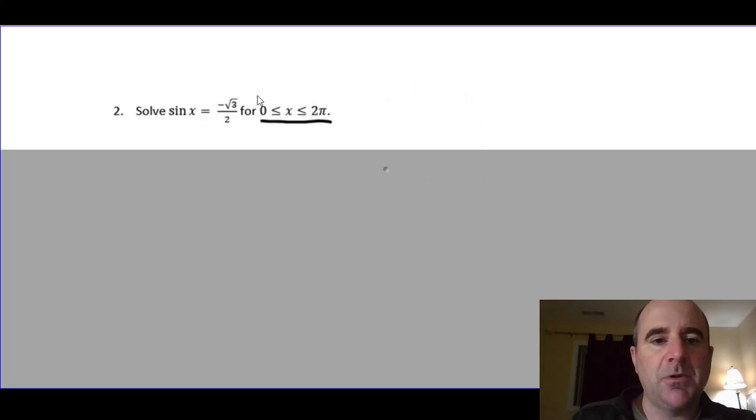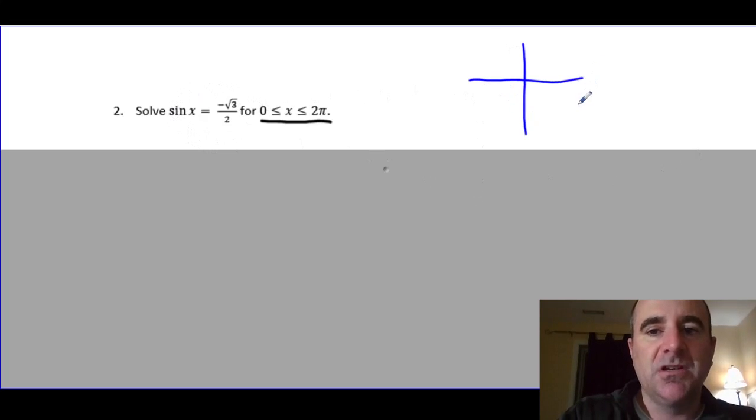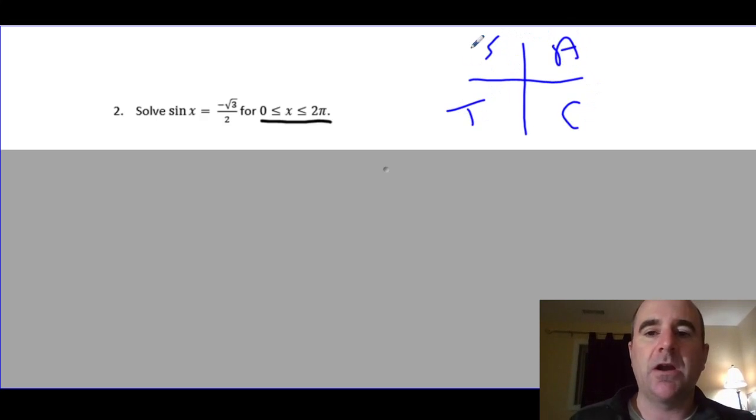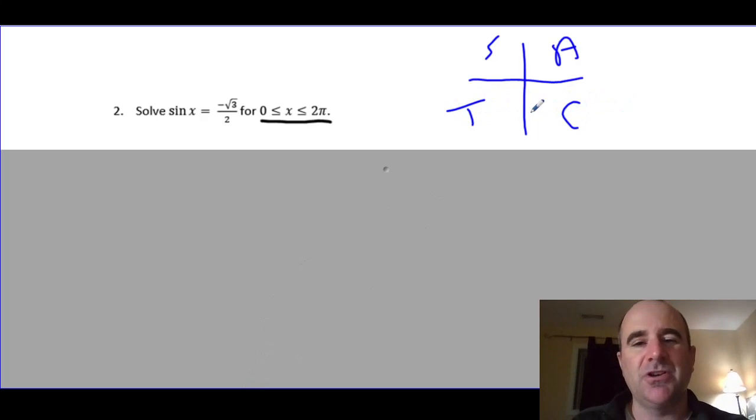It's helpful to start thinking about where this angle might be. If sine is negative, we can use the CAST rule to convince ourselves where sine might be. Sine is positive in quadrant 1 and quadrant 2, and it's negative down here. So we know that our angle has to be in quadrant 3 or quadrant 4.